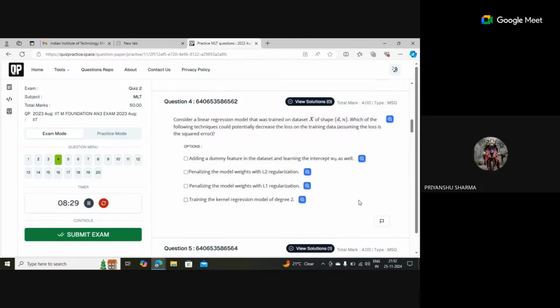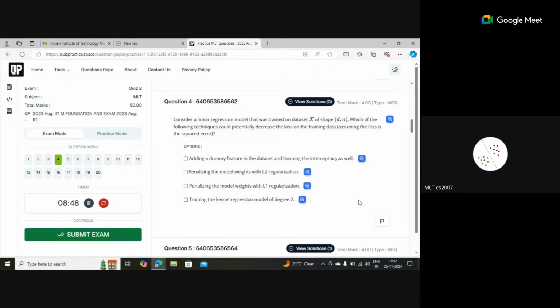If we do not add the dummy feature, then the W transpose X line passes through the origin, and therefore we will see more error. But when you add a dummy feature, we are shifting that line upward or down.